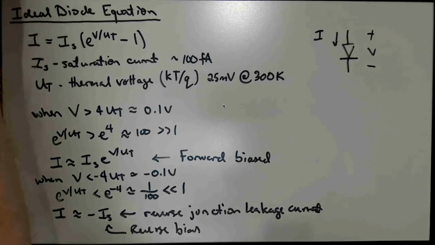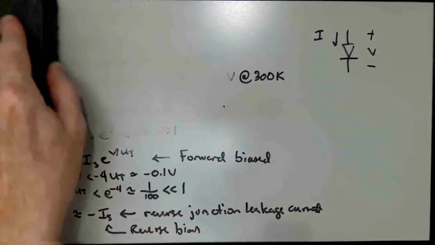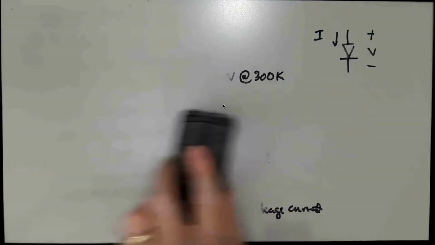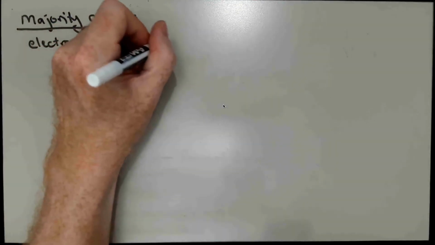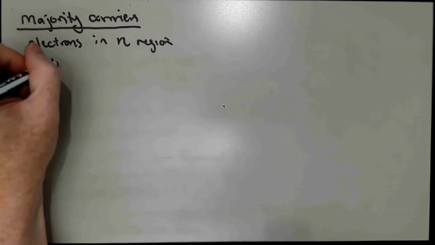Okay, so we're going to need to define some terms. We're going to talk about majority carriers and minority carriers. Majority carriers are electrons in the N region, or holes in the P region.